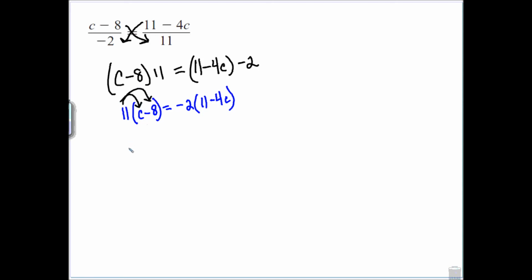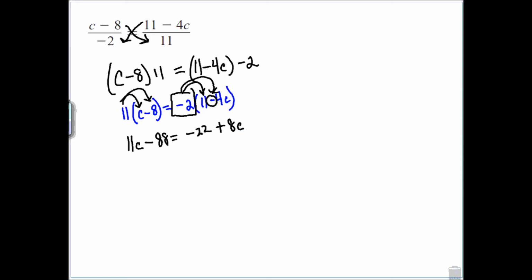So I have 11c on this side minus 88 is equal to, now remember, I have to distribute this entire negative 2 in. I have negative 2 times 11, which is negative 22. And I have negative 2 times negative 4c. A negative times a negative is a positive, and 2 times 4 is 8c.